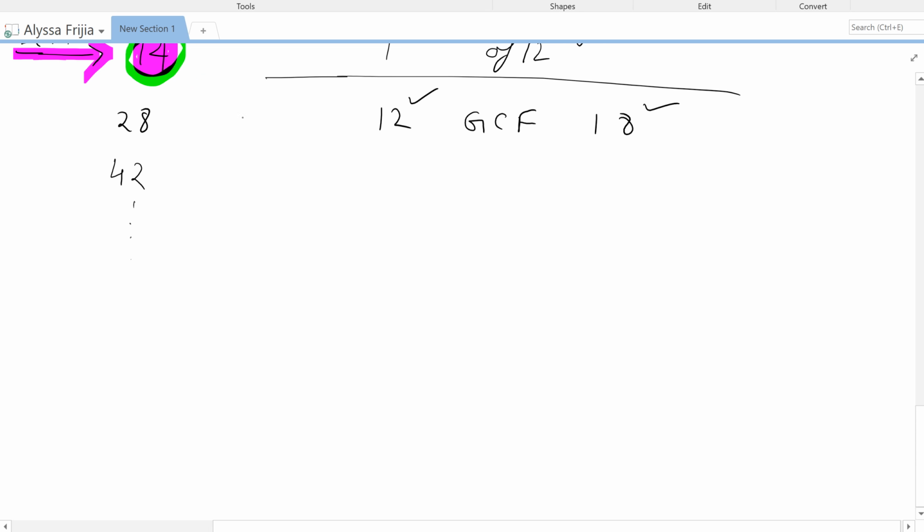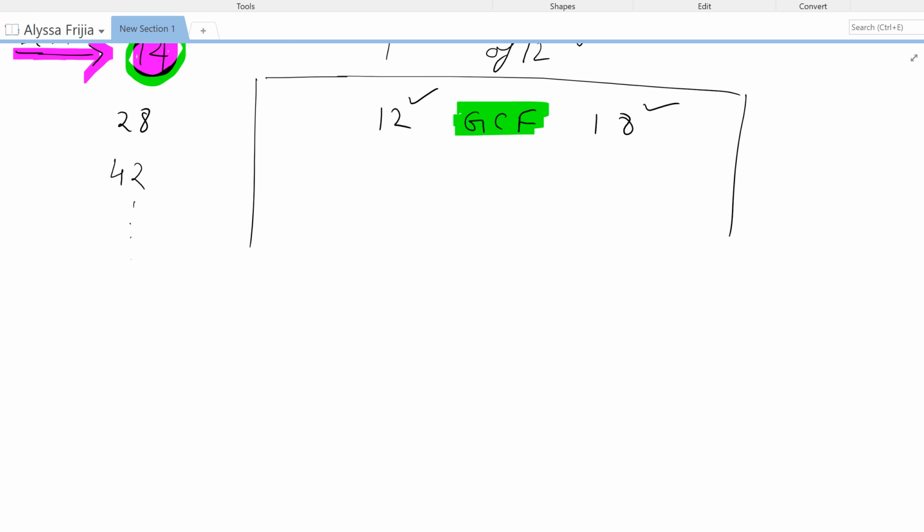What are you going to do? You are going to find a number which is the largest and divides both of them. We know that 2 divides both of them, and 6 also divides both of them. Now 6 is the largest common factor, or the greatest common factor.